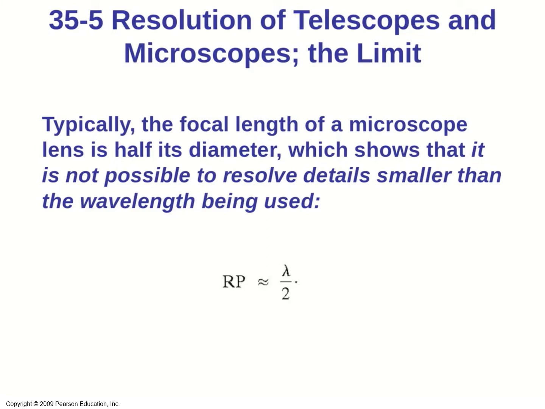So for such a scenario where the focal length is half of the diameter, the factors cancel out, and resolving power is about half of the wavelength of the light probing the sample.